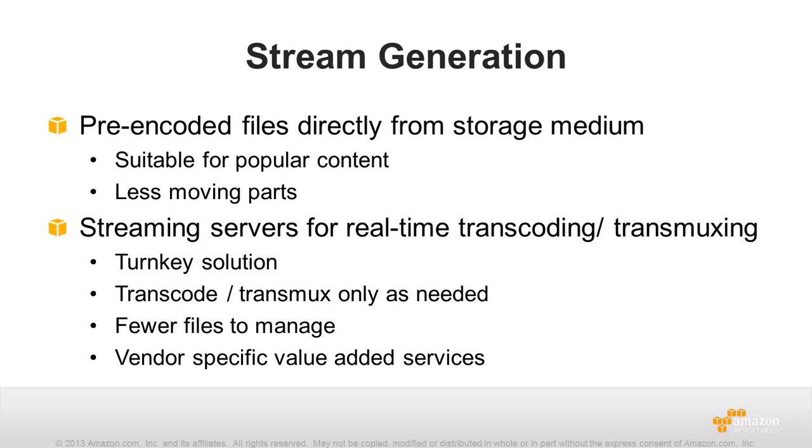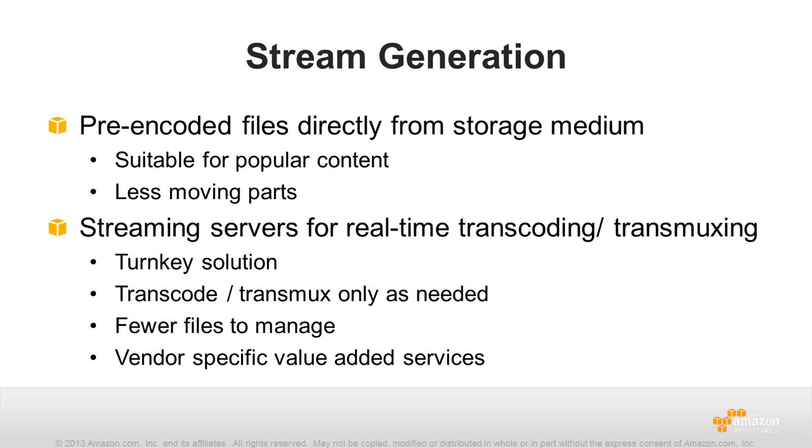You can store them in a location like an Amazon S3 bucket, and then your player can reference the manifest and the chunks directly, and it's hugely scalable that way. It's a pretty straightforward solution. It doesn't require you to use a media server like the Adobe Media Server or the Microsoft IIS server or anything like that.